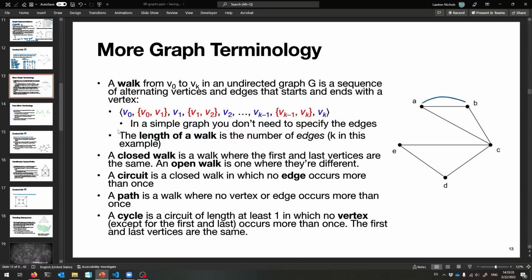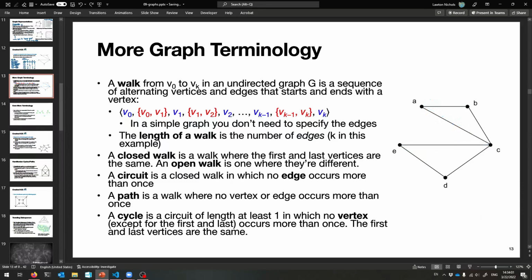In a non-simple graph, you have to specify those edges, and if you go somewhere, you care about how many edges it took you to get there, right? So maybe to go from A to C and C to E, that's my way of going from A to E in total. That was a walk, and it was of length 2. Okay, that's the idea there.